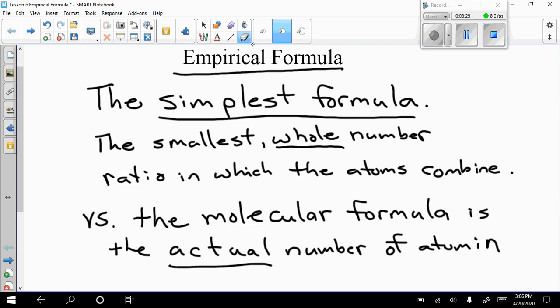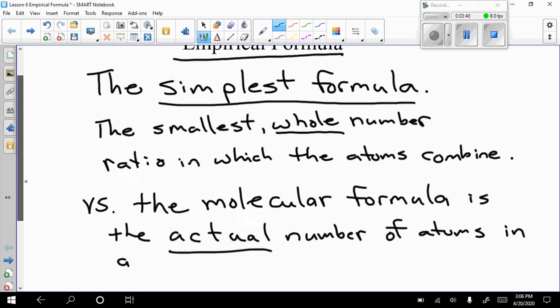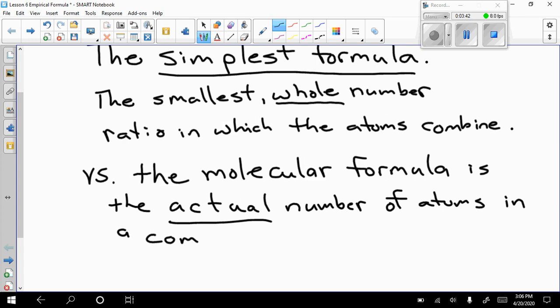I'm going to go over some examples in a second, but essentially this is the one that you would most closely associate with what you've learned about molecules. So for example, if I were to ask you for the molecular formula of water, you would say to me it's H2O. Okay, so that's the formula that we've been most familiar with.